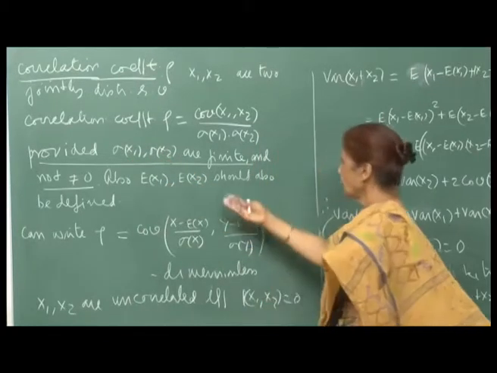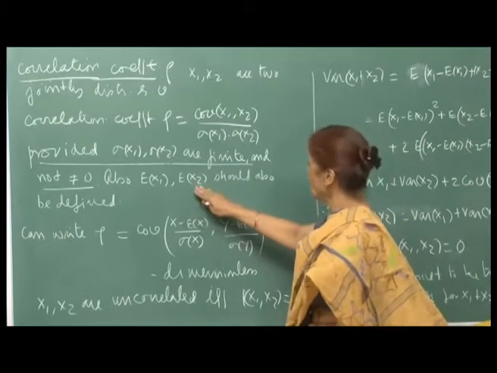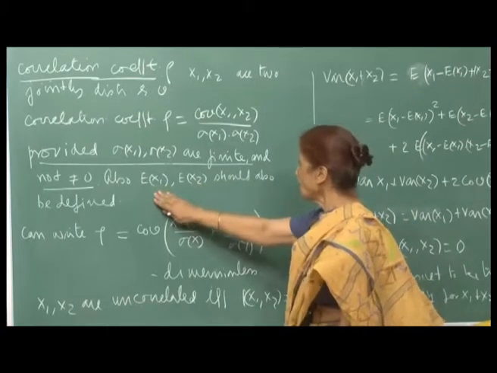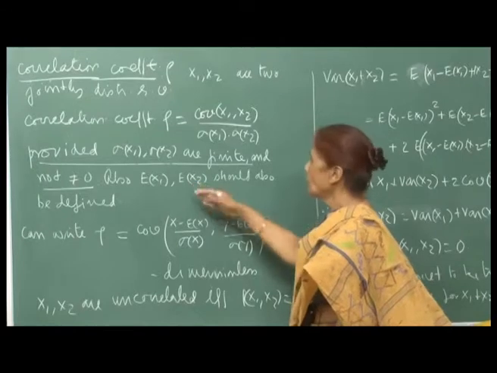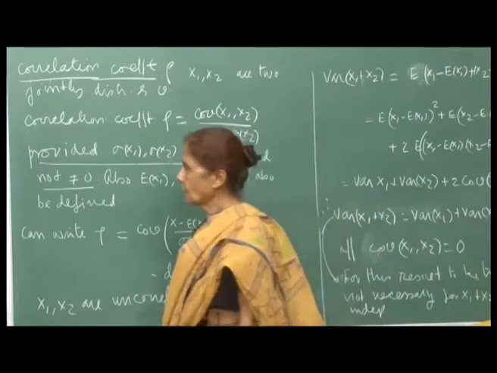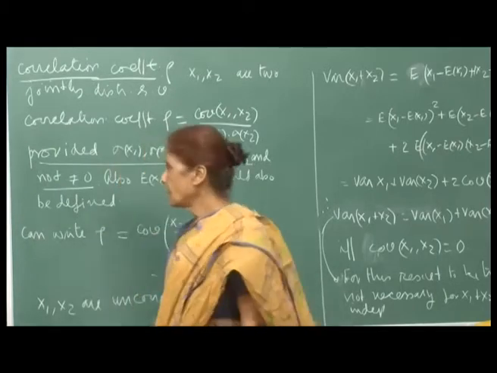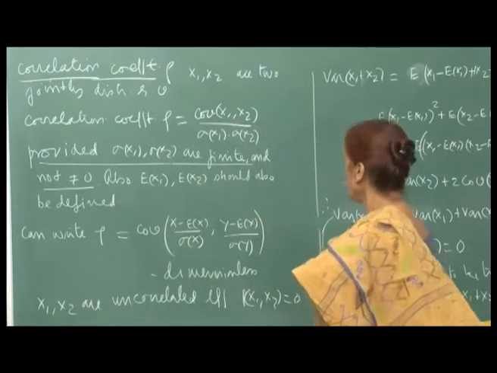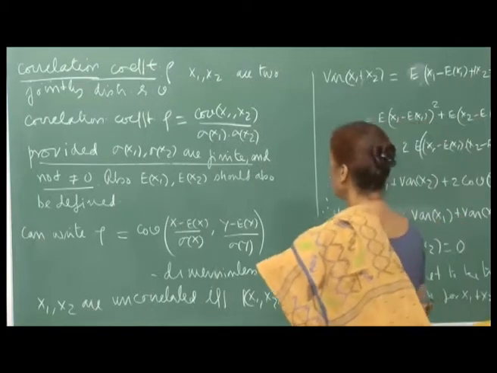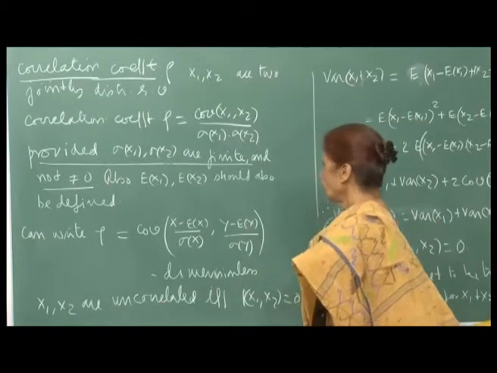This also applies to the covariance function: expectation x 1 and expectation x 2 should also be defined. So, when I defined the covariance function, I should have spelled out that the definition is valid as long as your expectation functions exist.